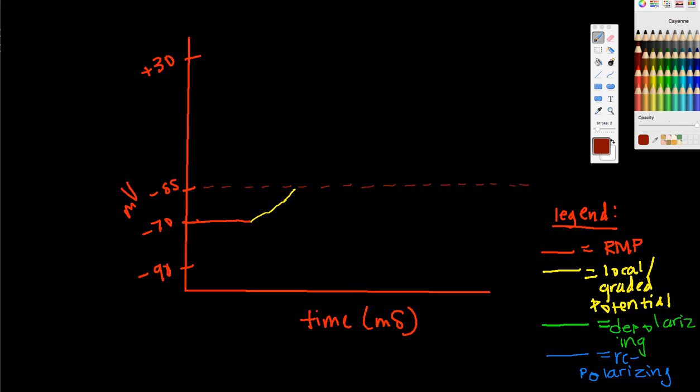So I'm going to denote with a dotted line here. So now that we've reached the threshold voltage, we get an actual depolarization. So this membrane is going to shoot up to positive 30. After depolarization, we get repolarization, so a rapid efflux of positive charge out of the cell in the form of potassium, and this is going to go all the way down below to about negative 90.